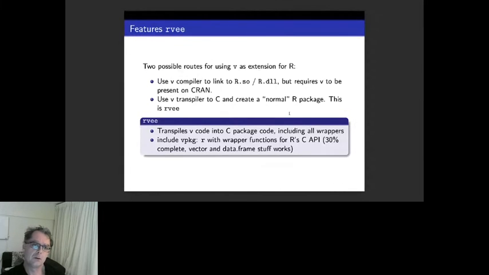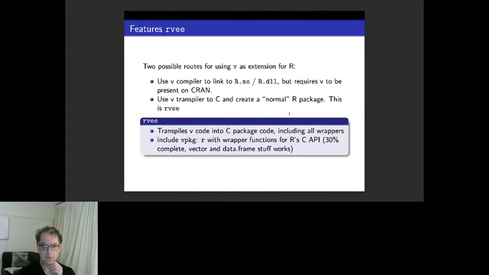If you look at RV, there could be two possible routes for using V as an extension for R. You could use the V compiler to link to R, but that requires V to be present while you're building the extension, for example, on CRAN. The other route is to use the V transpiler to C and create a normal R package. And this is RV. So with RV, you can create C code, which is just C code for a normal C extension package.